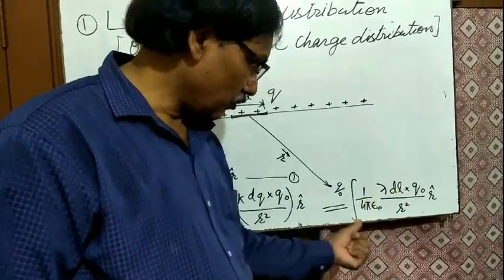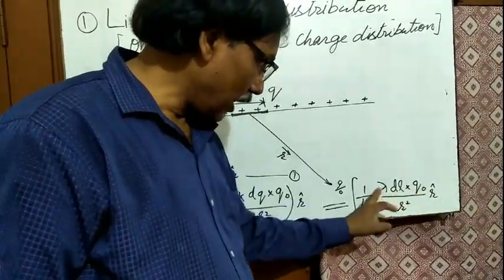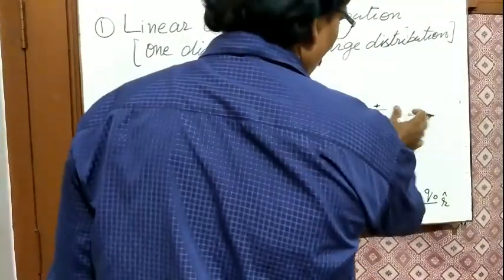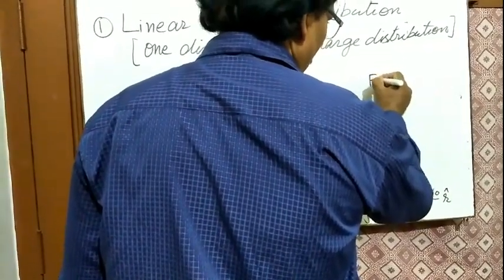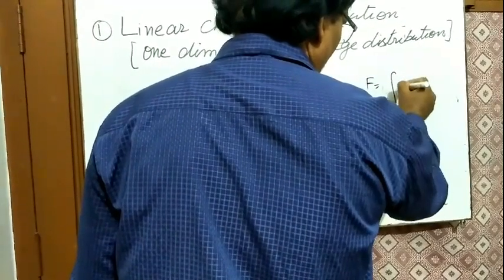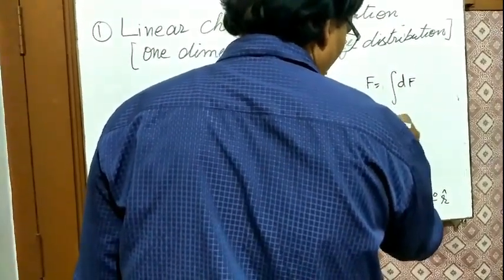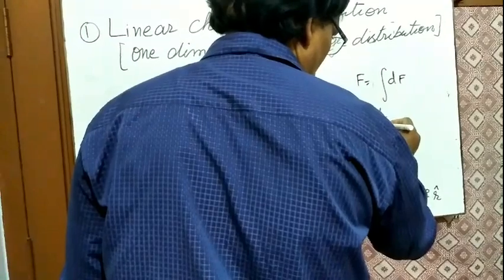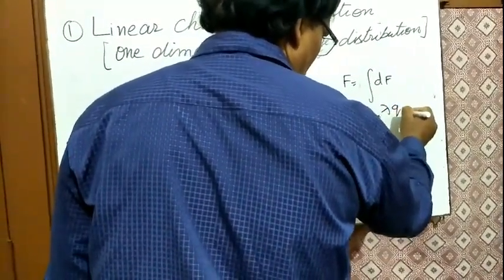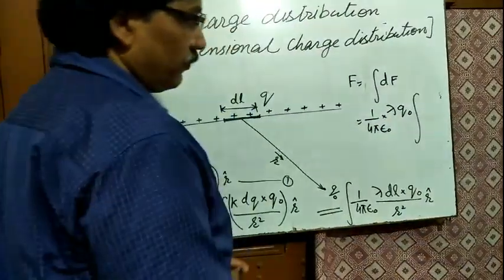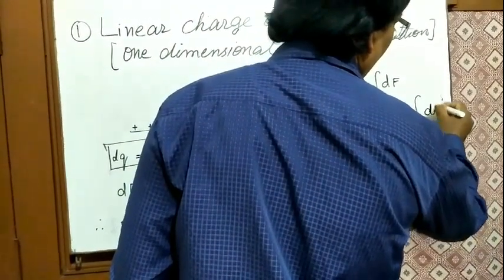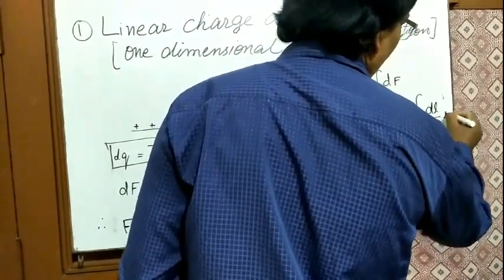So we take the constants common, and we get this force F equal to the integral of dF, that is 1 by 4 pi epsilon naught into lambda Q naught integral dl by r square r cap.